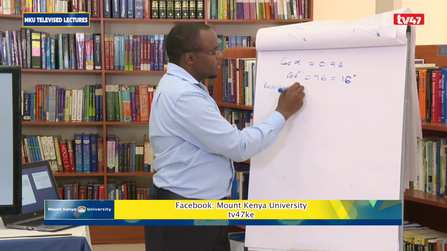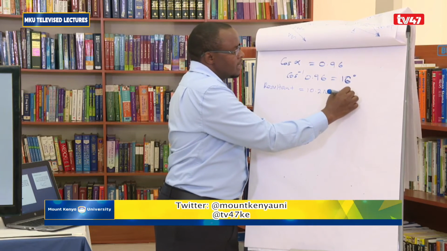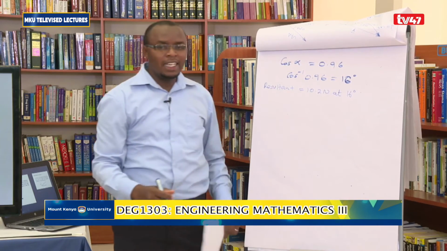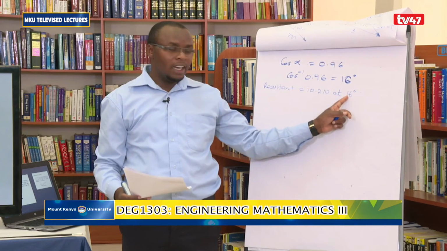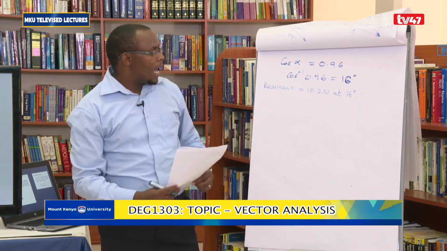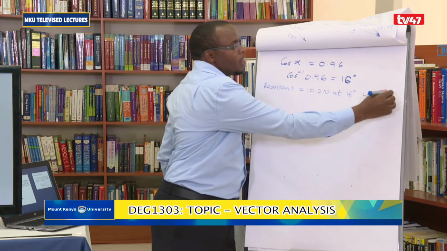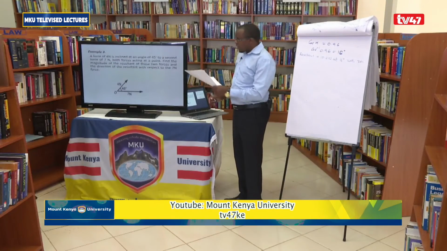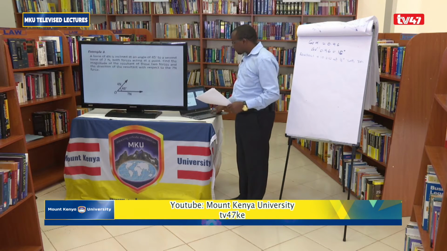So the resultant is going to be 10.2 newtons at 16 degrees. So that is how it becomes a vector, the magnitude and the direction. So 10.2 at 16 degrees with the 7 newtons. So that's the way you handle that kind of problem.